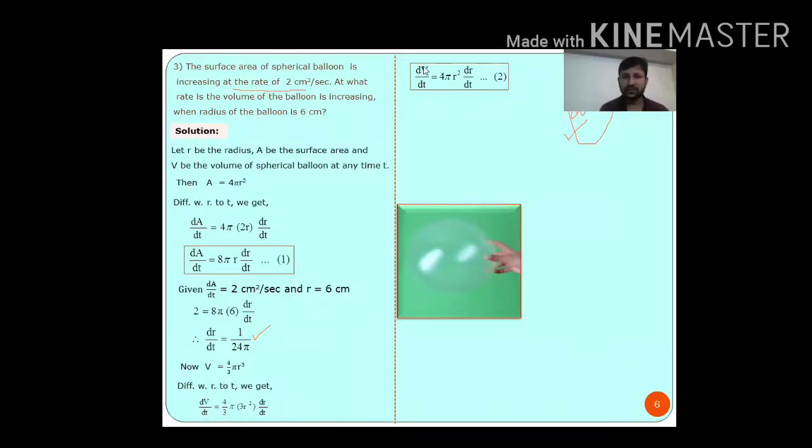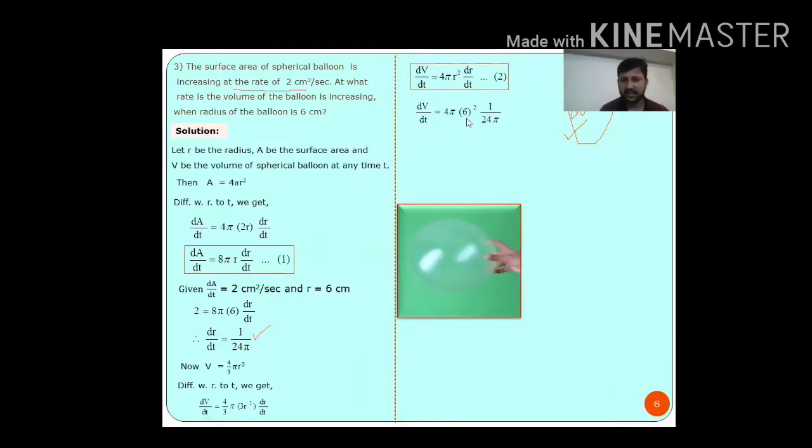To find the value of dV by dt, we can substitute the value of radius r, which is already known, 6 centimeters, and dr by dt calculated as 1 by 24 pi. Substitute both values in equation second. Which values?